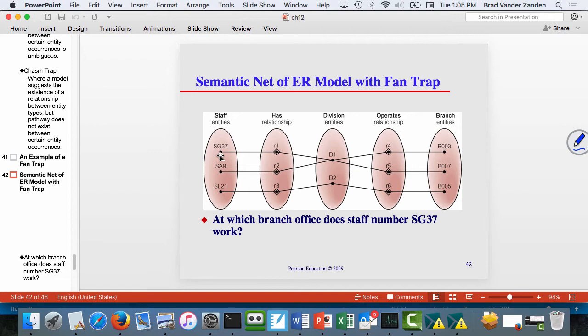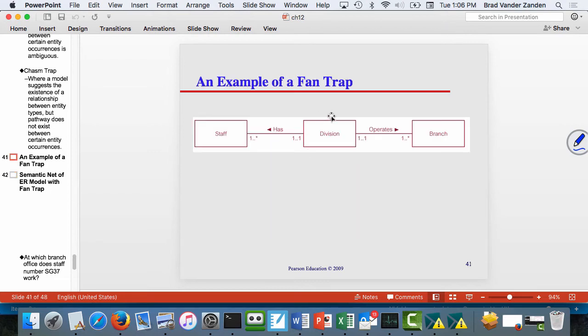So in this situation, we need to go back and see if perhaps we can redo the ER diagram. So here we have arrows coming out from division to staff and division to branch. But if you think about things, the problem here is we think that a branch employs a staff.